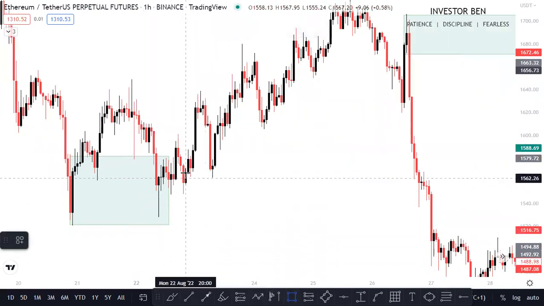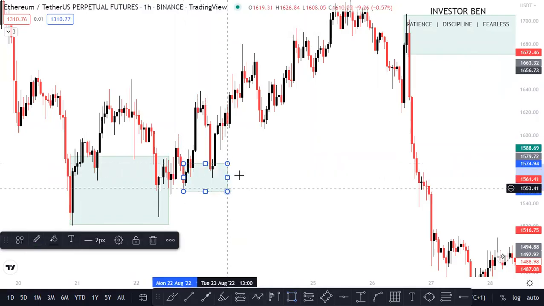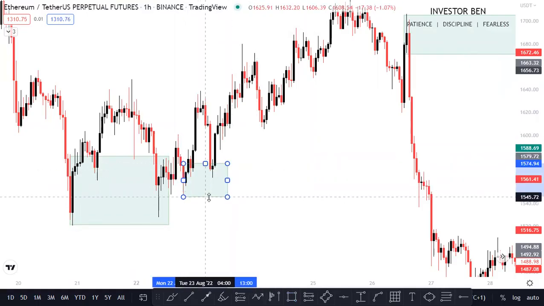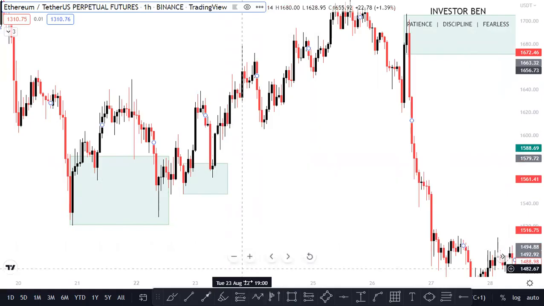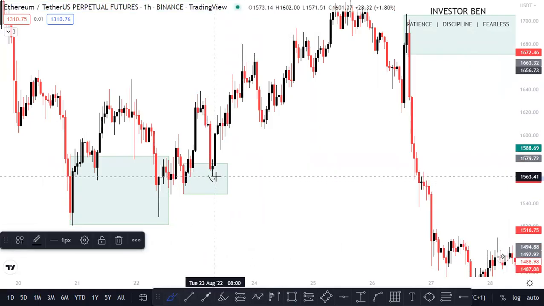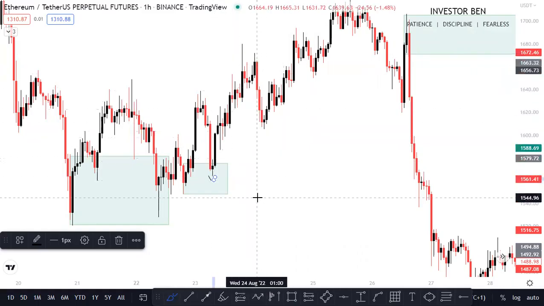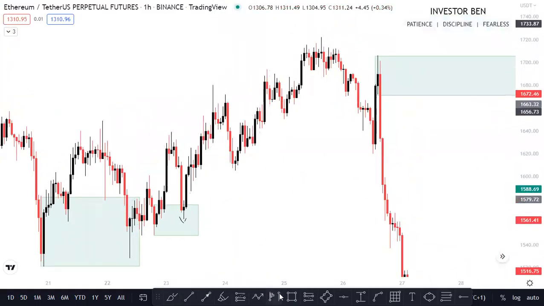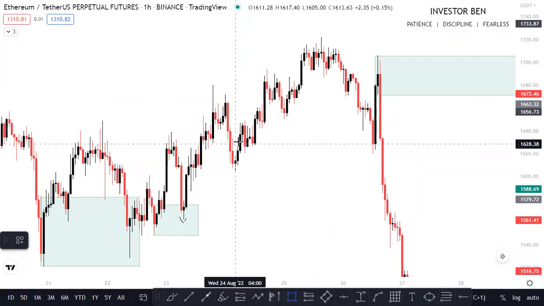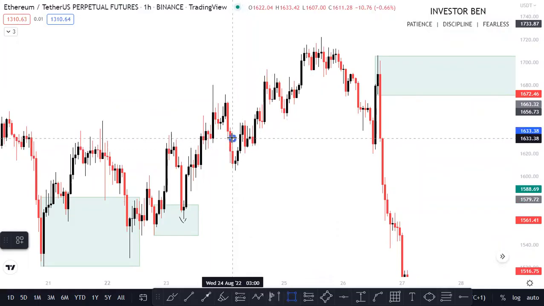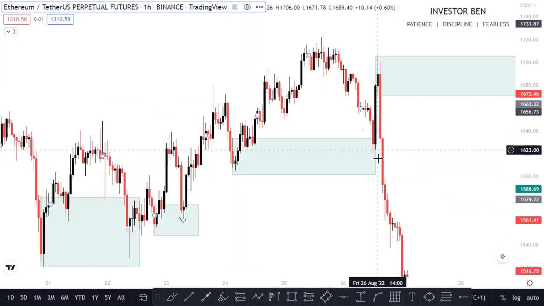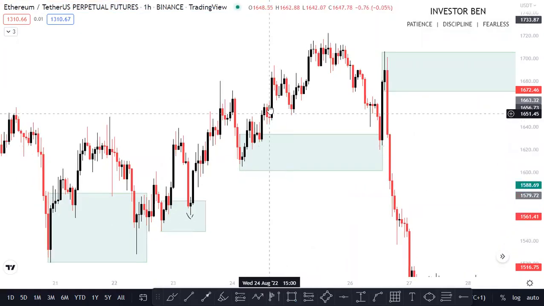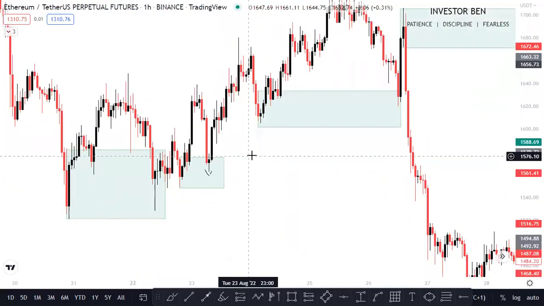We also have another bullish order block here, and price reacted to it. Price mitigated this order block before buying to the upside. So we have another order block at this point, this is a full one here, and price reacted to it. All these things are order blocks. These are bullish order blocks.